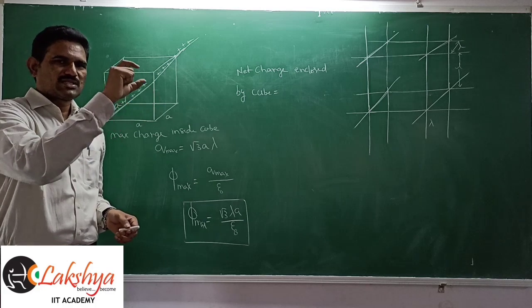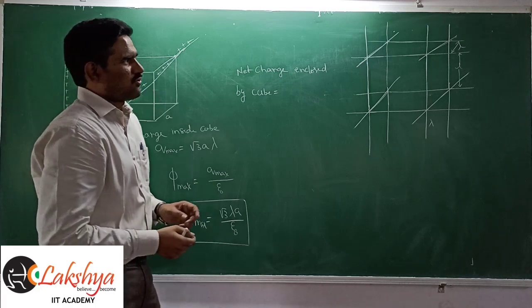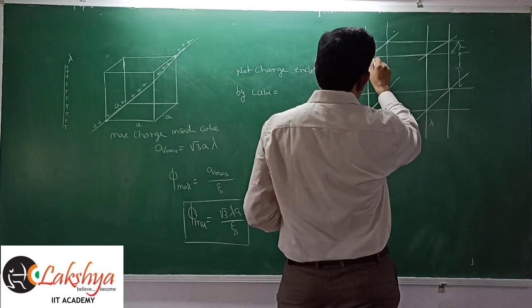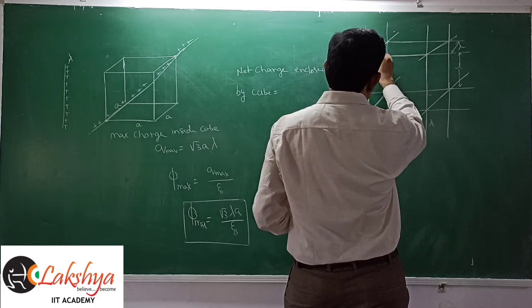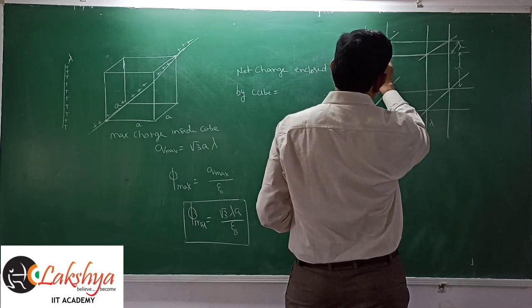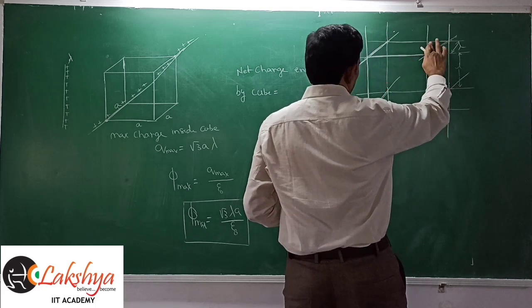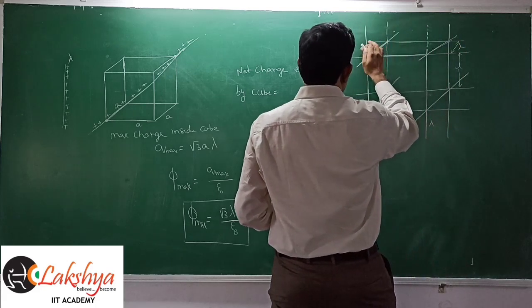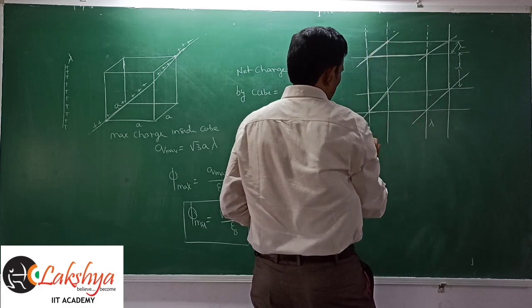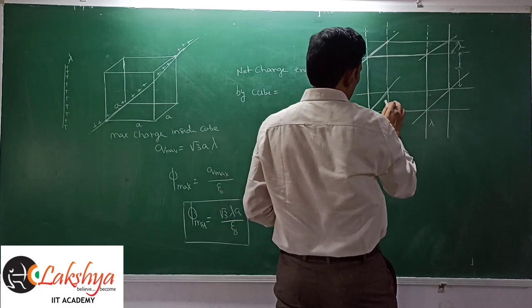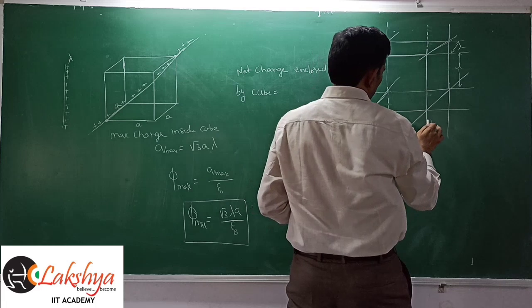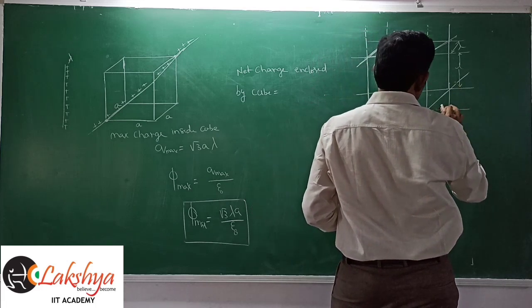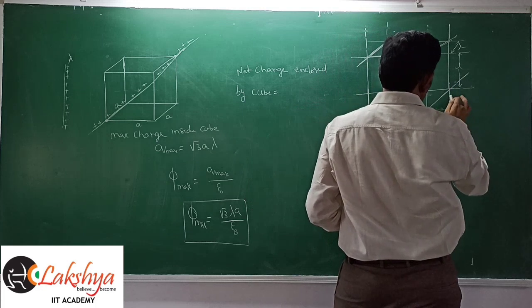Now for example if you are taking this line here. Now this is our cube. I will mention this extended part as a dotted line so that there is no confusion for you.